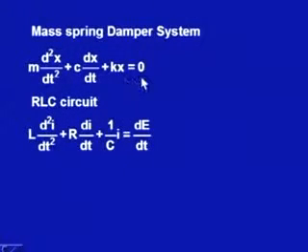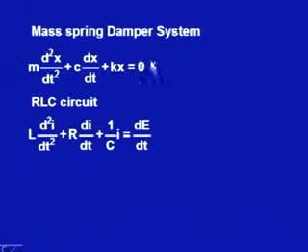A similar type of second order equation can be obtained in RLC circuits, where L is the inductance, R is the resistance, C is the capacitance, and E is the external EMF applied in the circuit. So, we write down the differential equation as L d2I dt square plus R dI by dt plus 1 over C times I is equal to dE by dt, I being the current in the circuit.